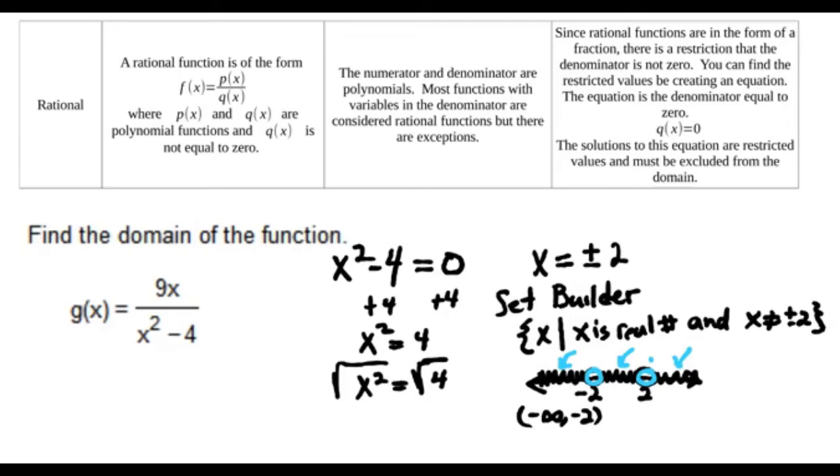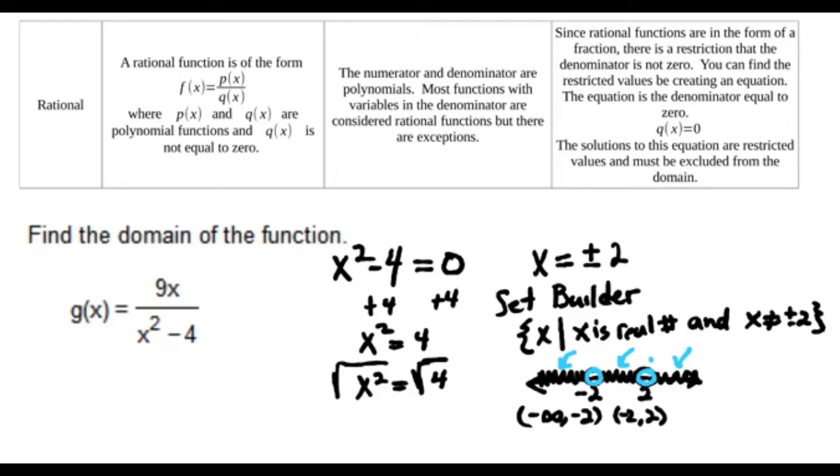The next interval has a lower bound of negative 2 and an upper bound of 2. Once again using parentheses, so the parentheses indicate that the number is not included in the set. Just like open circle indicates that the number is not included, parentheses indicate that the number is not included.